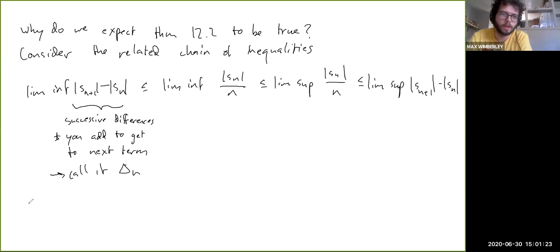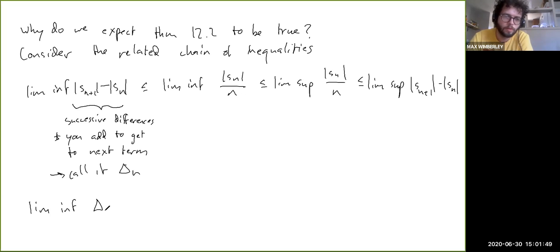So what we're looking at is something like lim inf. I'll explain why I changed everything to be differences here and a quotient here, instead of the quotient and exponent, in a second. But let's just consider these inequalities.